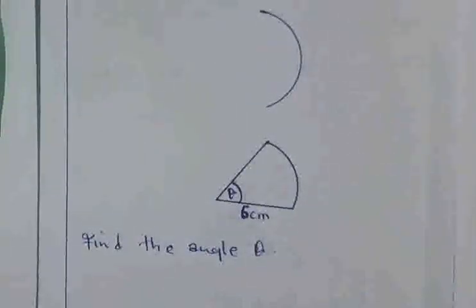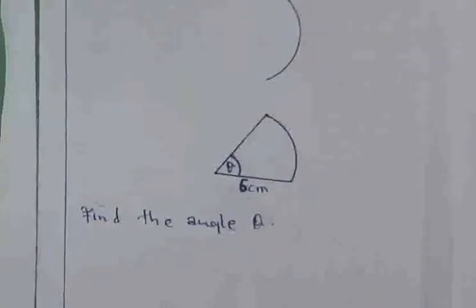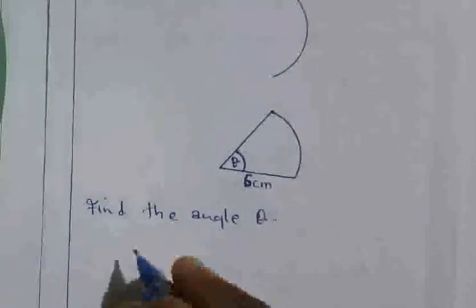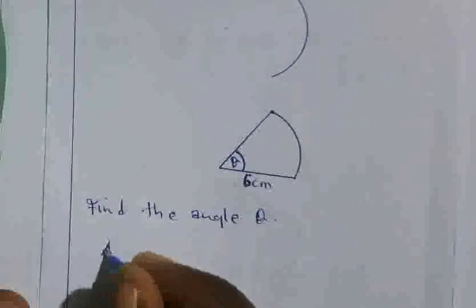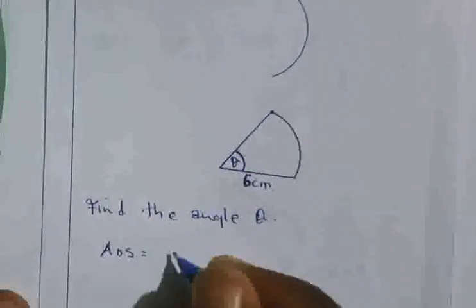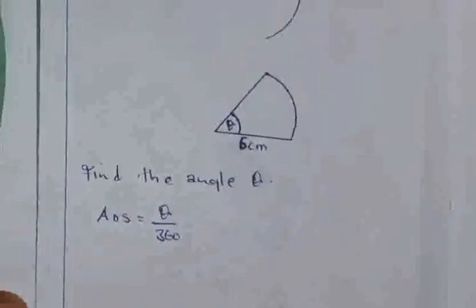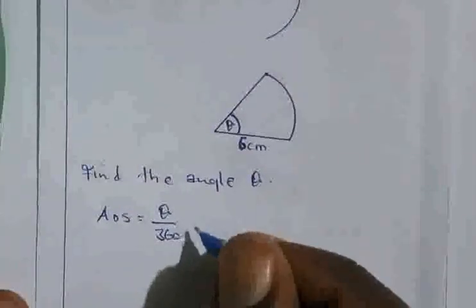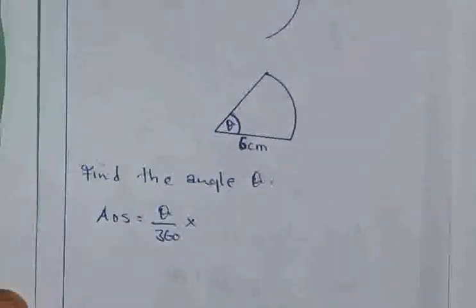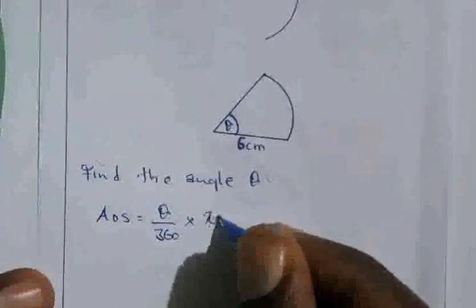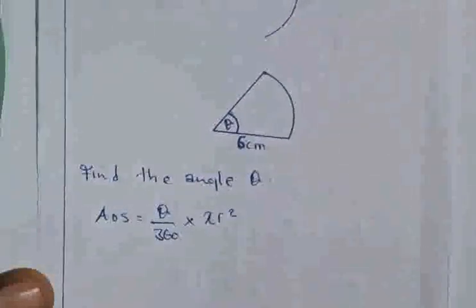So again, we'll write the formula anyway, even though we have some challenges, but let us write it anyway. So the formula is, remember, area of a sector is equal to theta over 360 times pi r squared.